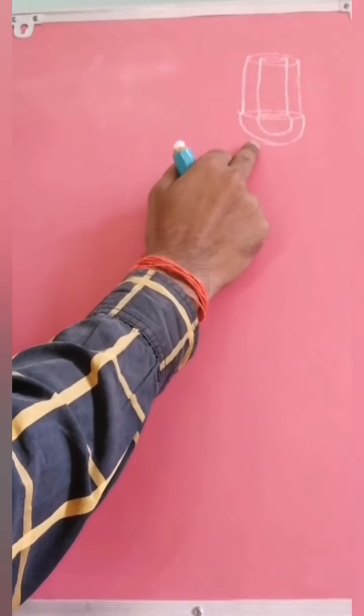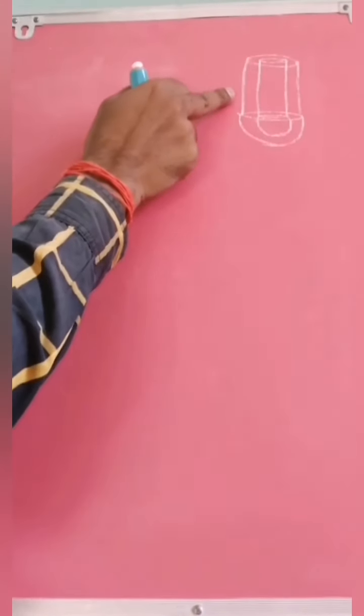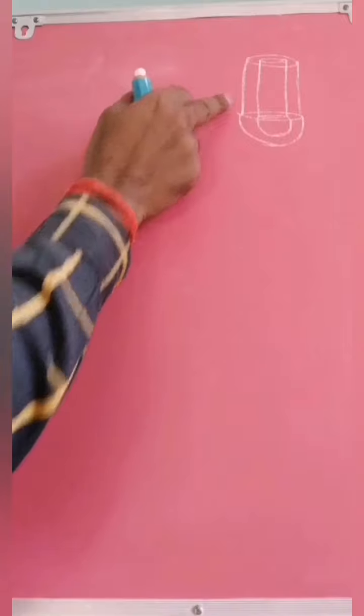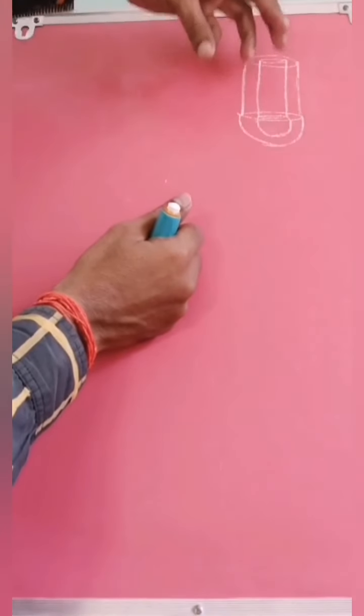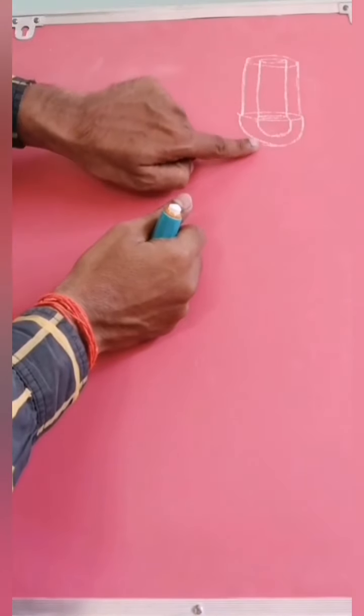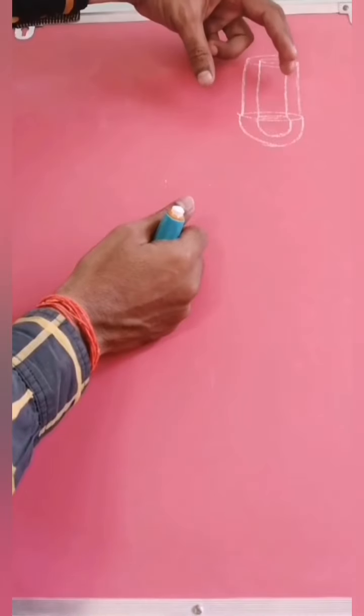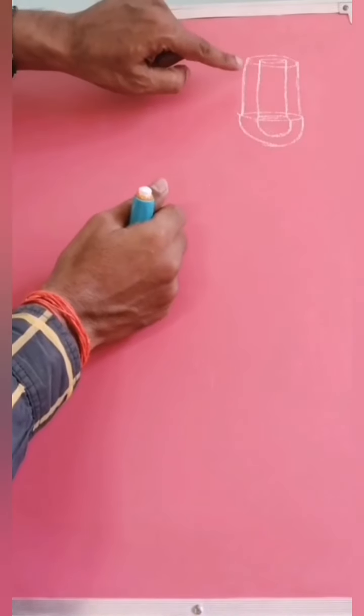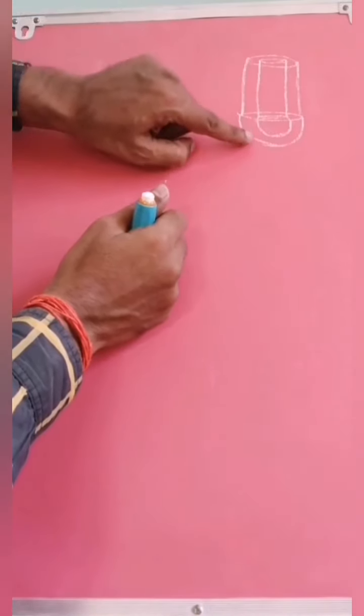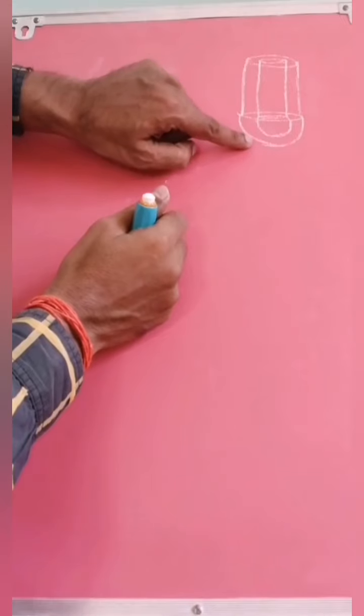Okay, consider another question. A hollow hemisphere is surmounted by a hollow cylinder. To put one on another is called surmounted. The hemisphere is at the bottom and the cylinder is above it, so it is called the cylinder is surmounted on the hemisphere.